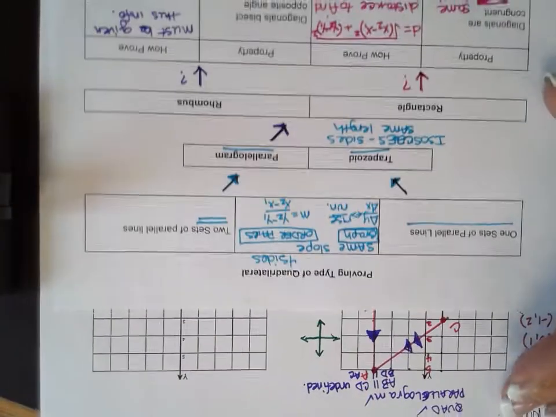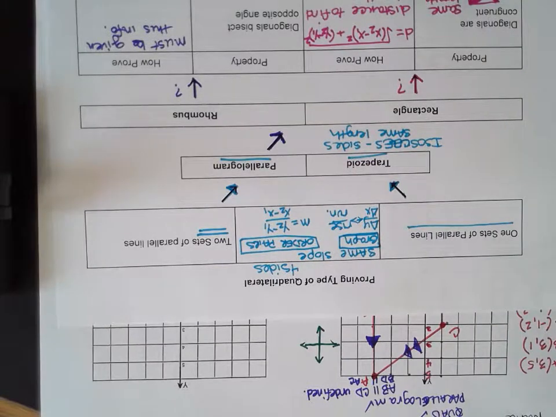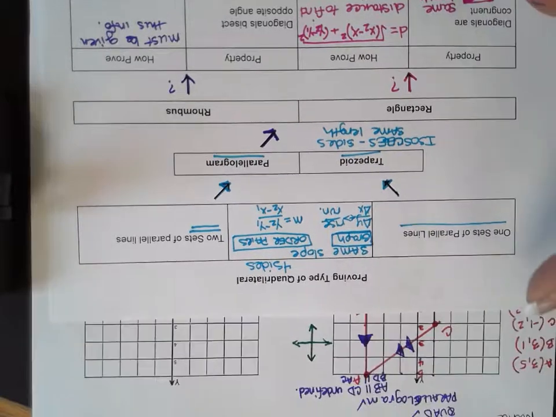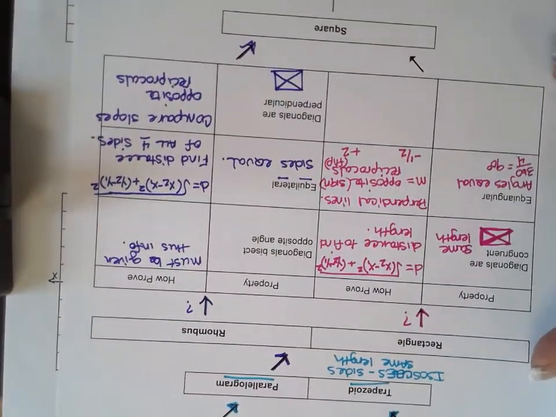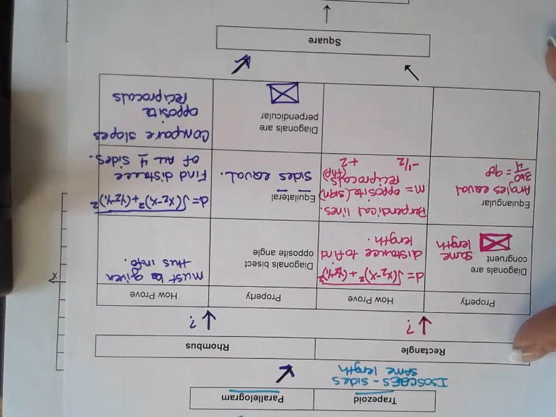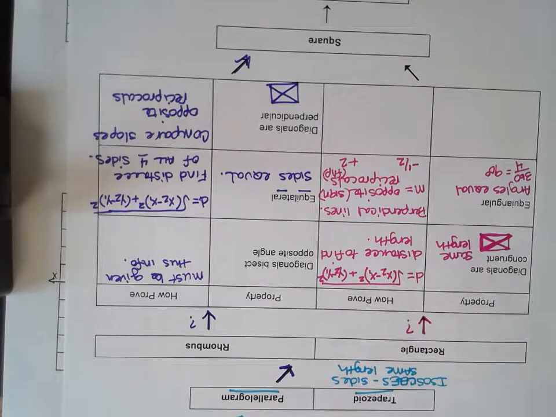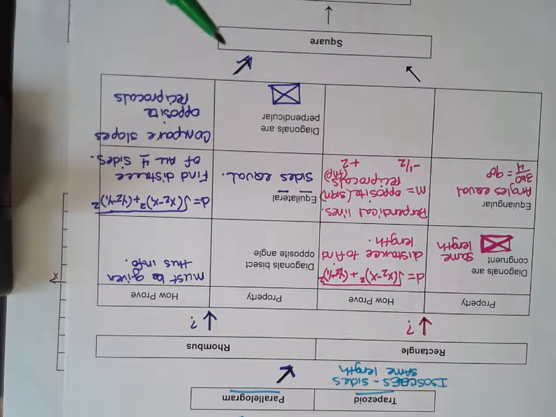So now I have to prove it's a rhombus. We don't know it's a rhombus because you haven't proved it. It might look like it, but it doesn't prove it. We know it's at least a parallelogram.